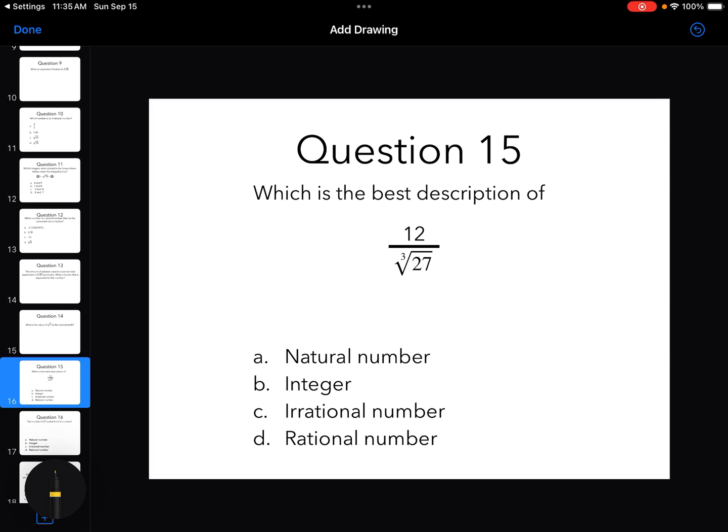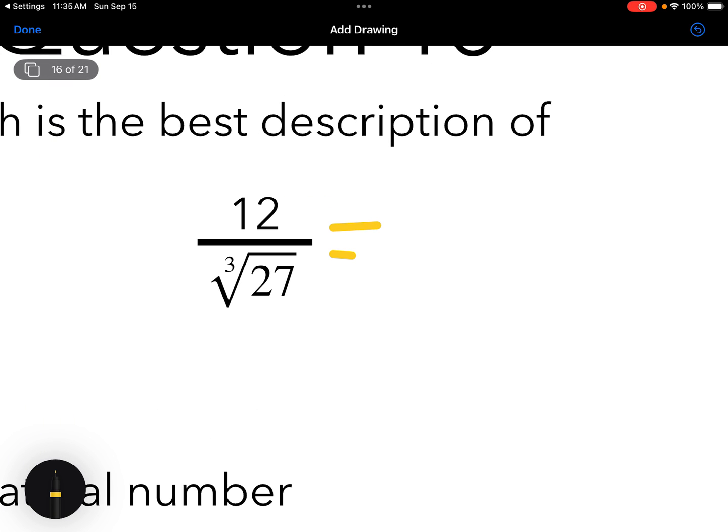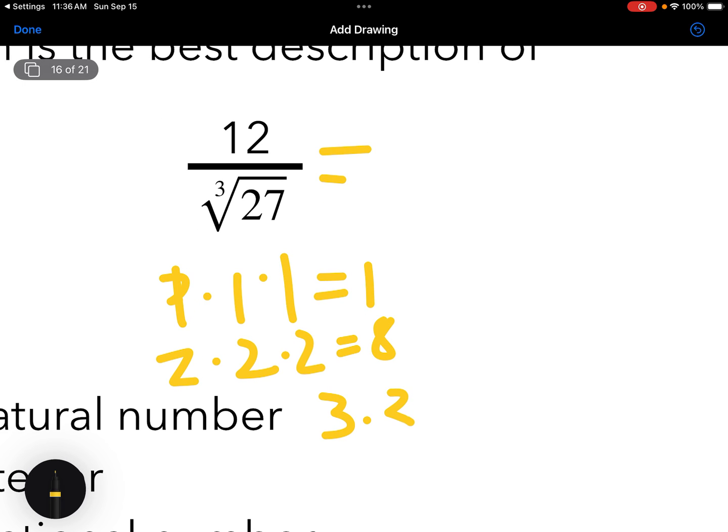All right, next one. So they want to know what's the best description of this number. So let's see if we can figure it out. So the cube root of 27, so what number times itself three times? 1 times 1 times 1 is going to be 1. 2 times 2 times 2 is 8. 3 times 3 times 3 is 27.